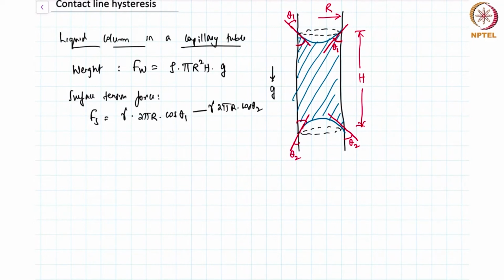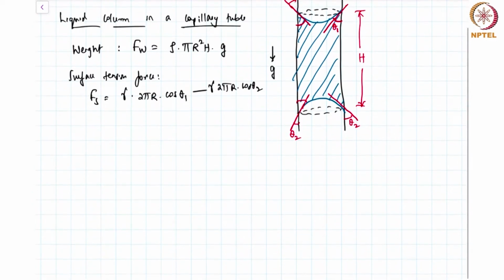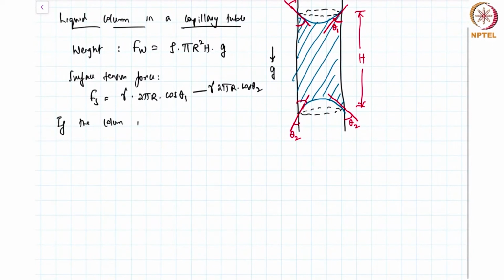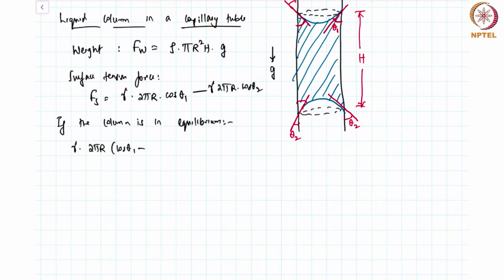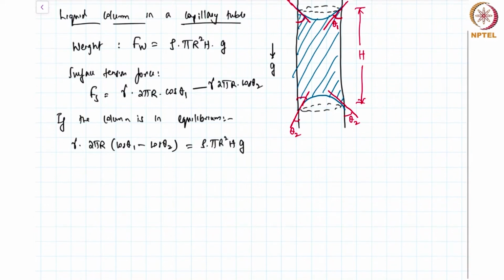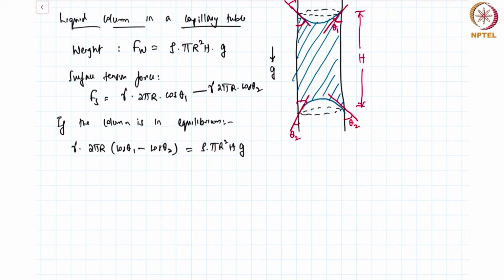So if equilibrium is present, if the column is in equilibrium, as in it is not moving, then I can say gamma times 2 pi r times (cosine of theta 1 minus cosine of theta 2) will be density times pi r square h times g, right?